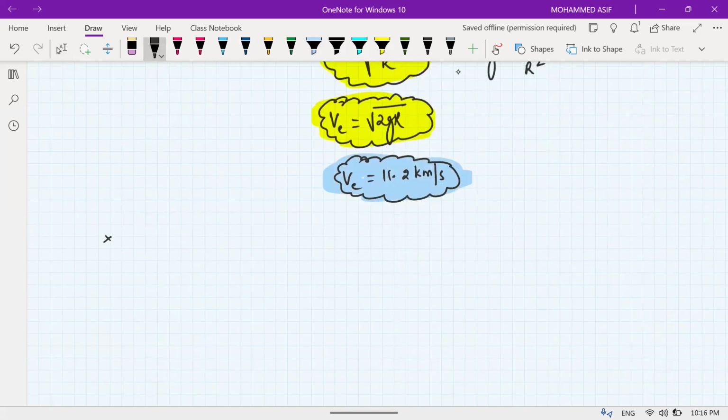Now can you tell me, can I say that VE depends on what? Mass and size of what? Planet.